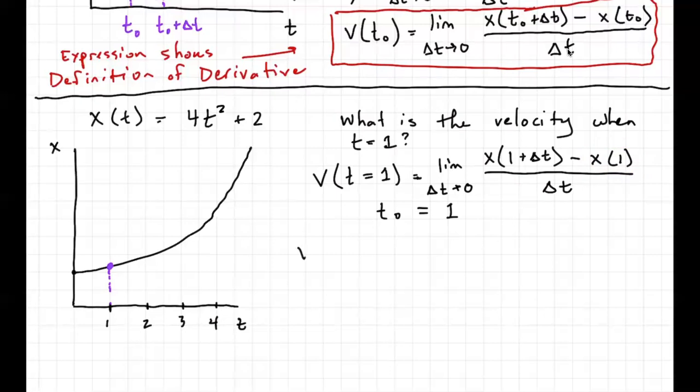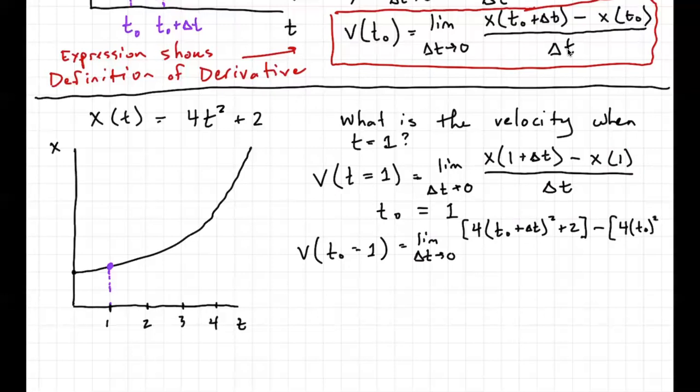So if we want the velocity at time equals 1, we're taking a limit as delta t goes to 0. x of t naught plus delta t is 4 times t naught plus delta t squared plus 2. And then minus x evaluated at t naught, which is 4 t naught squared plus 2. And then divided by delta t.